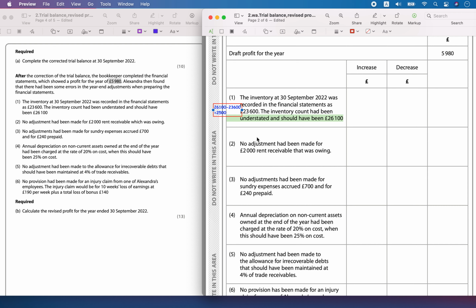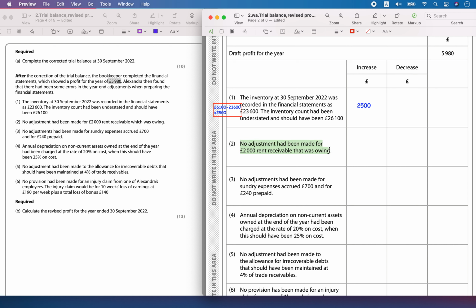This is a decrease in the value of inventory that had been accounted for, so it is going to lead to an increase in profit. I should have stated more inventory. So 2,500, it is a part of profit, so I'm going to include it as 2,500. It will lead to an increase in my profit.